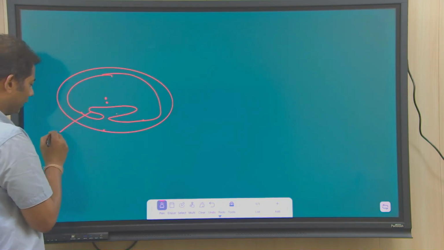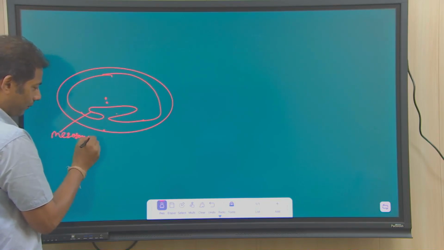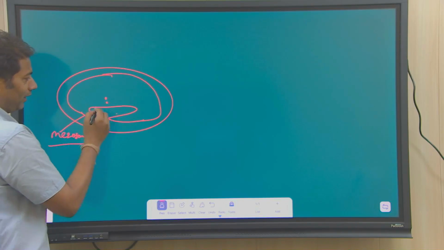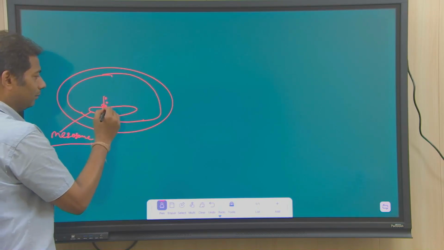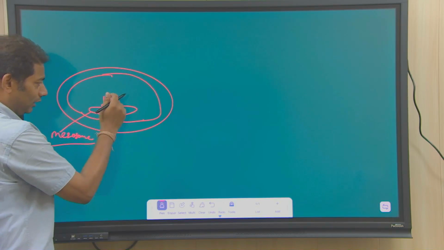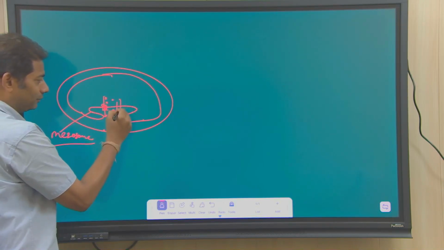This specific organelle is named mesosome in case of bacteria, and the proton gradient is created across the membrane. And when the protons move from outer to inner along this gradient, the energy is generated.